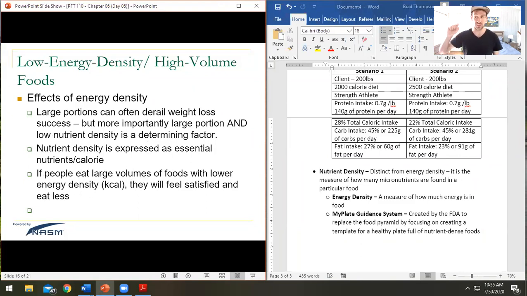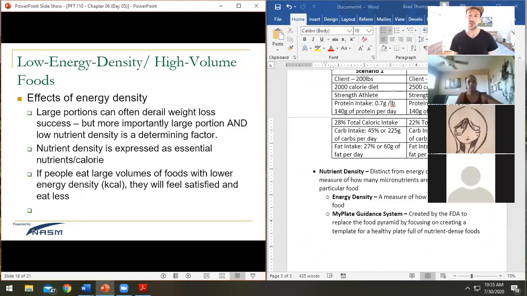But that principle completely flips and goes super in the positive if you start consuming nutrient dense foods. If people eat large volumes of food with lower energy density, so you're focusing more on nutrient density rather than energy density, you're going to feel much more satisfied and you're going to consume much less.